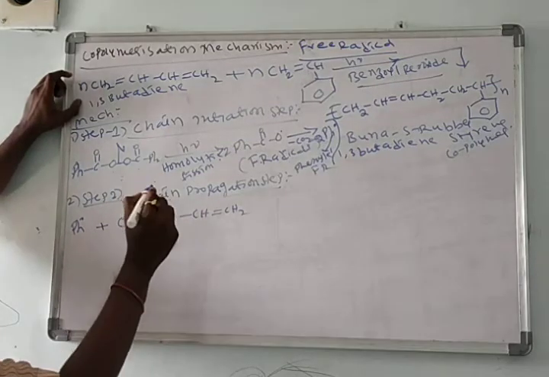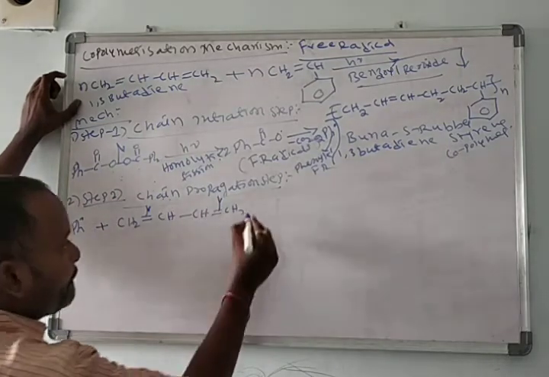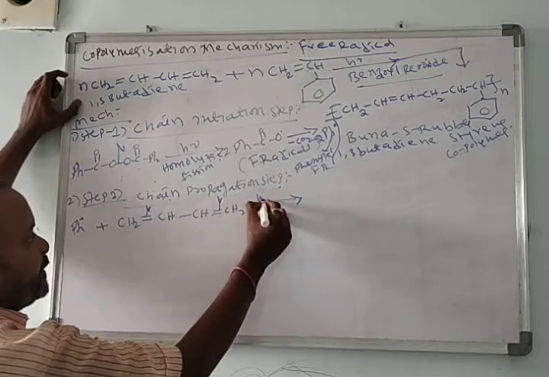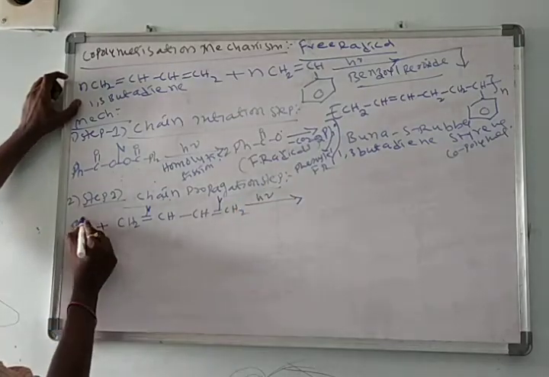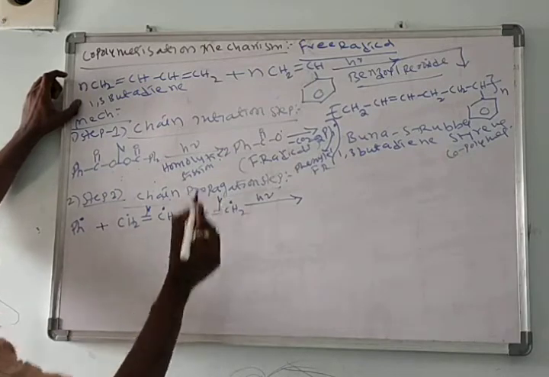These pi bonds undergo homolytic fission in the presence of sunlight, and here we get the radical.